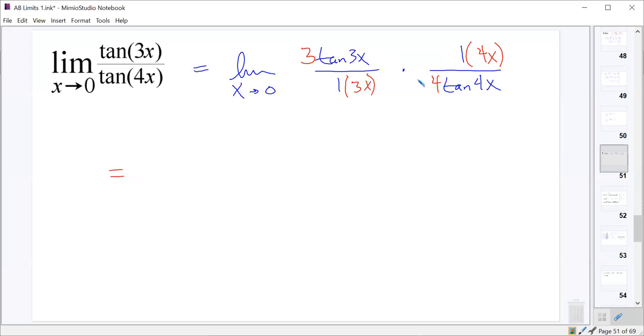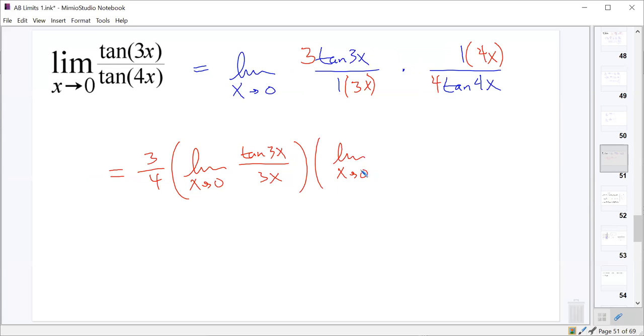And the coefficients that I can pull out are the 3 in the numerator and the 4 in the denominator. Pull that out, 3/4 times the limit as x approaches 0 of tangent 3x over 3x times the limit as x approaches 0 of 4x over tangent 4x. And what should each of these limits be?